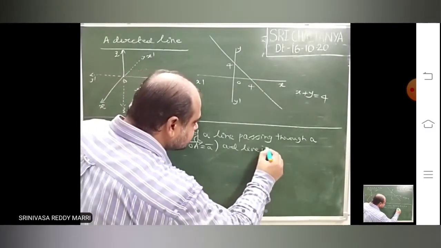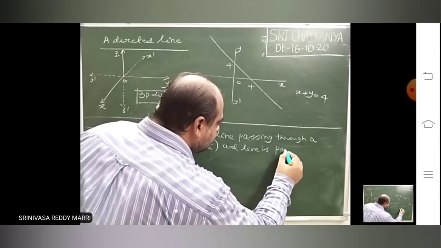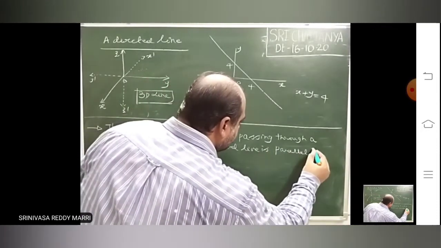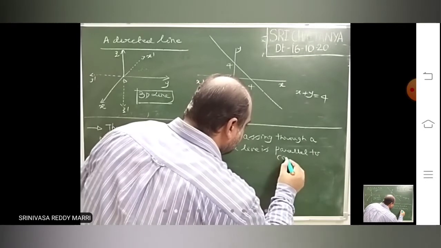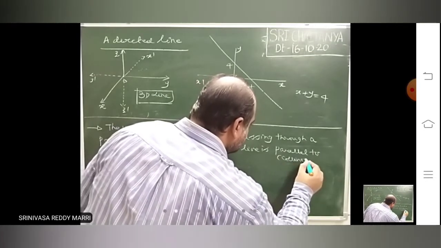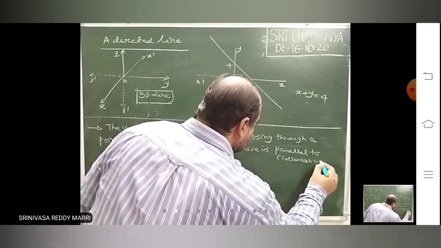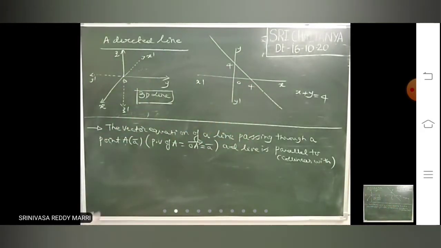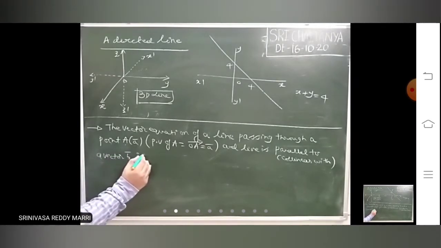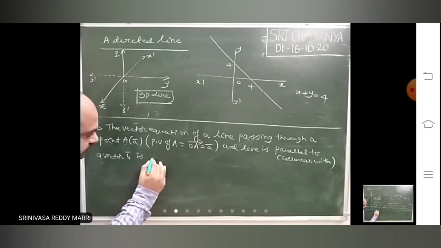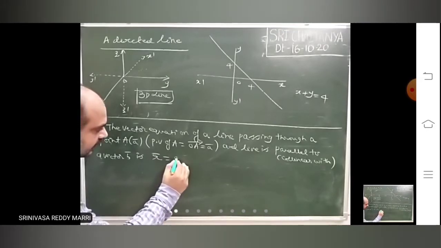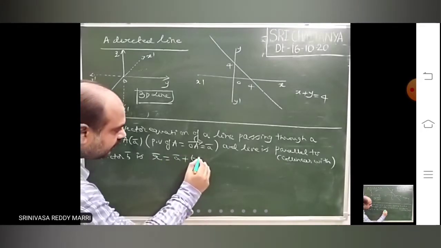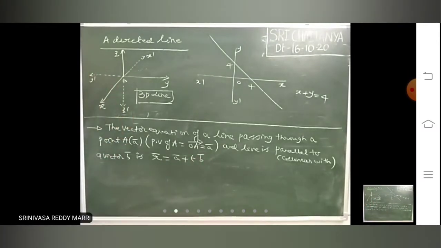the line is parallel to, or collinear to, that is both the same, parallel to a vector B bar is: R bar equal to A bar plus t B bar.